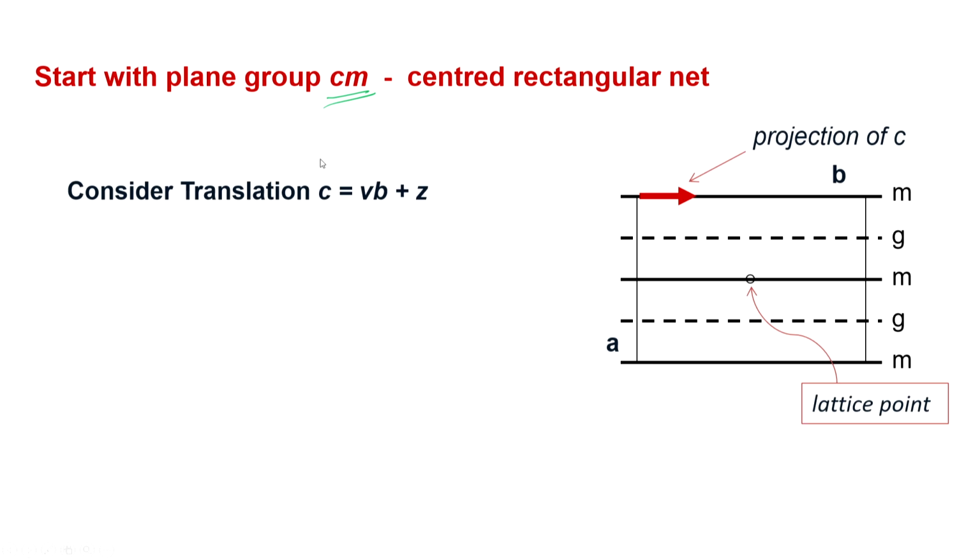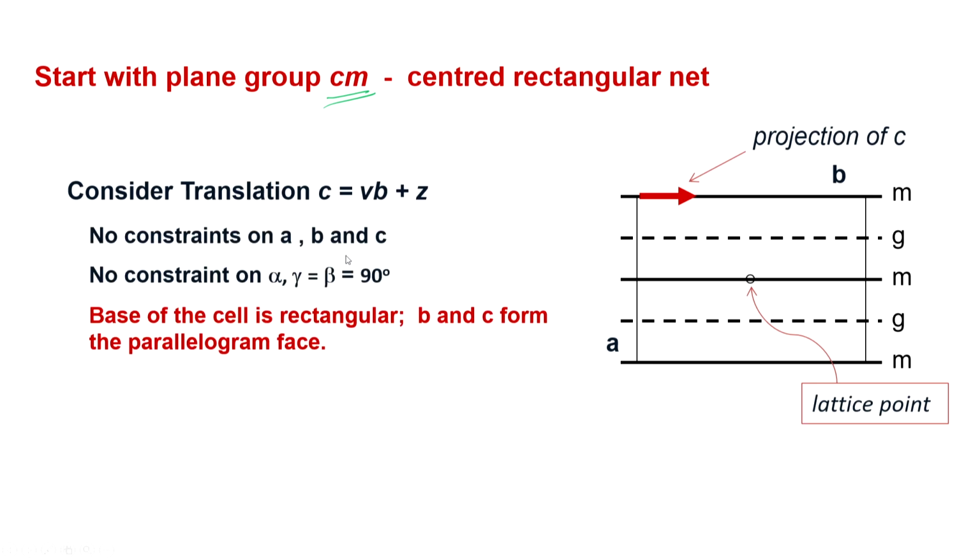Again, we consider the translation of the same kind, Vb plus Z. Again, this is an allowed translation, and you can see that A, B and C would be unconstrained, and two angles are going to be 90 degrees, and a third angle is unconstrained. Therefore, this has to be a monoclinic unit cell, but the lattice is end centered monoclinic, because now I have this lattice point at the base of the cell.